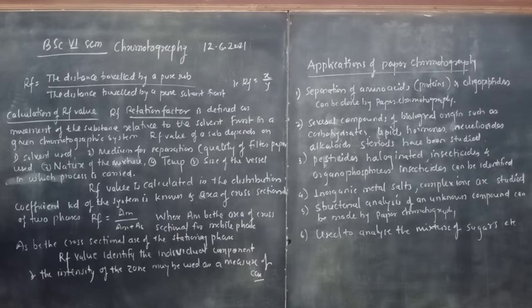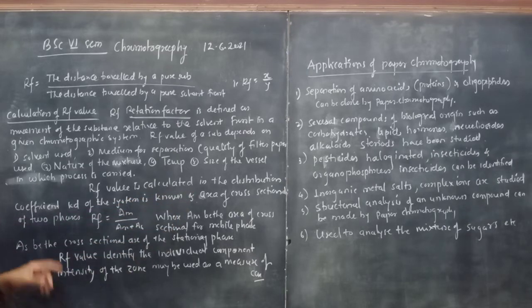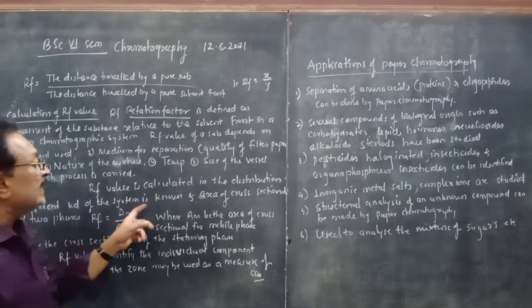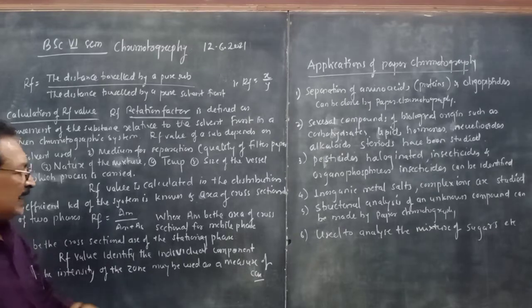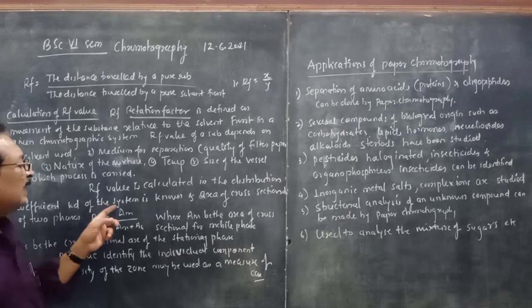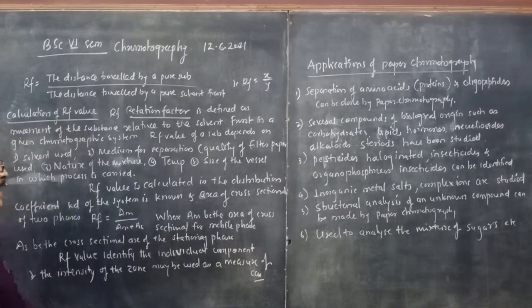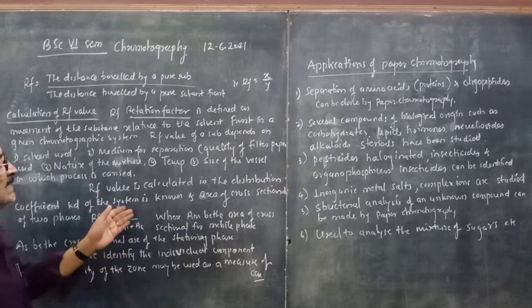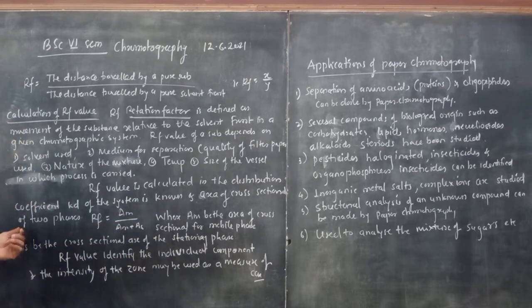The RF value can also be calculated if the distribution coefficient Kd of the system is known, and the cross-sectional areas of the two phases.